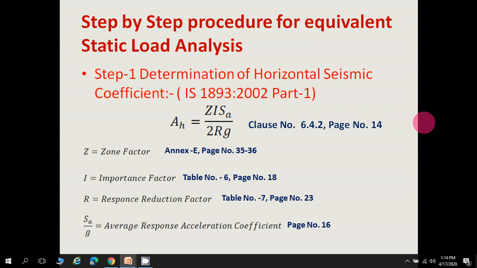So the importance factor depends upon the building type, and it is given in table number 6, page number 18.